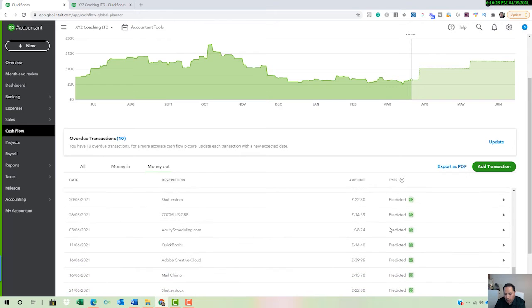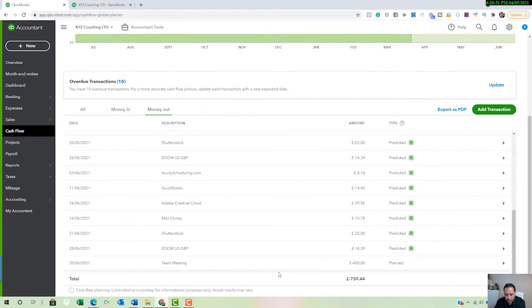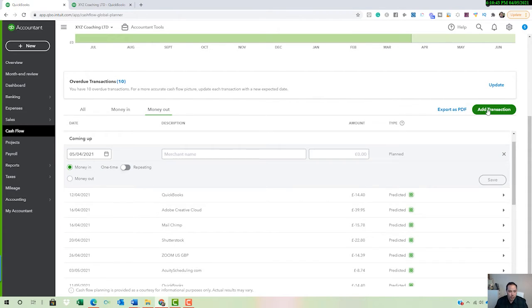That's what the prediction means. It is picking up on past historical data. And then you'll see another section called planned. This is where you haven't incurred the expense yet, but you know you're going to plan this expense. So how we do this is, you just add a transaction.